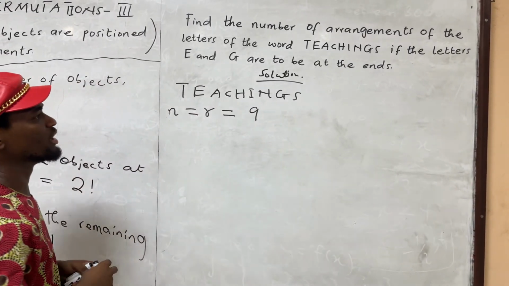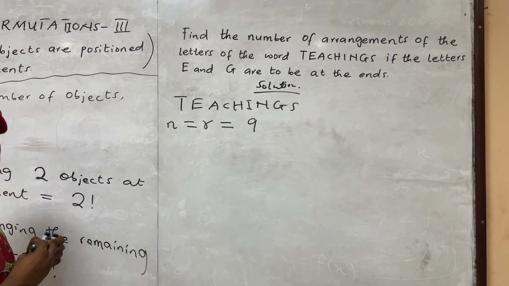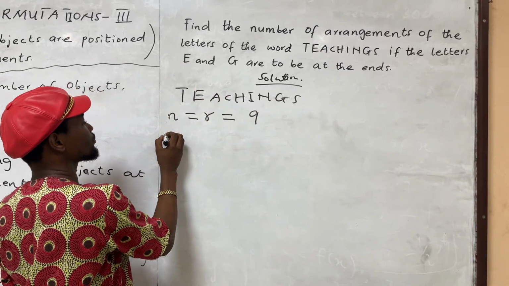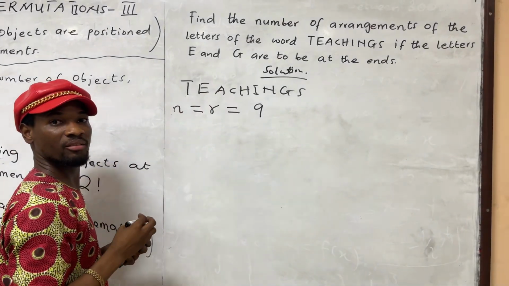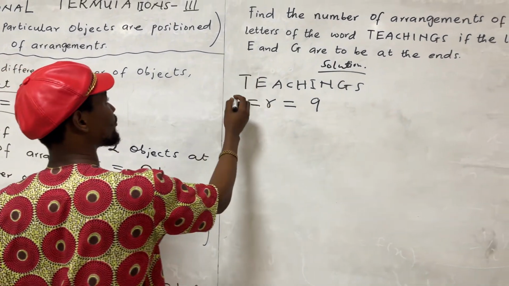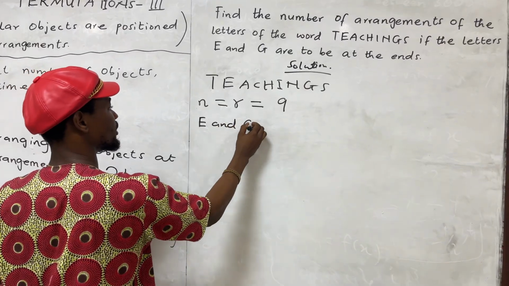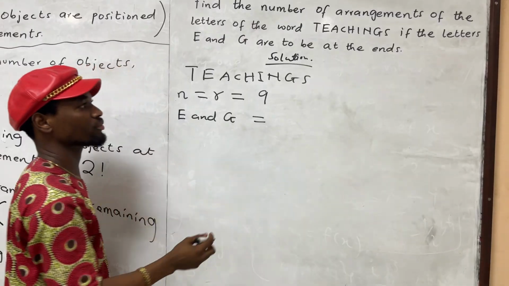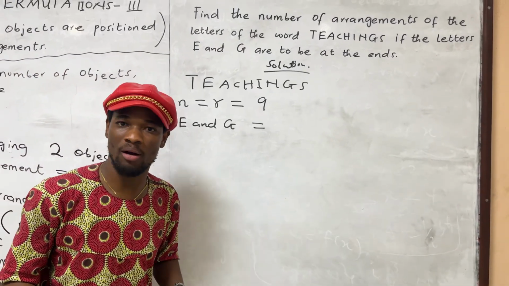Now, what is the total number of objects to be arranged at the ends? So there's E and J. So we have E and a J, which will be our 2 factorial.